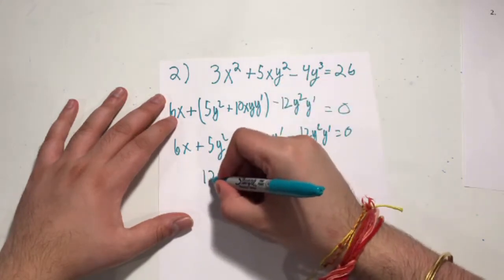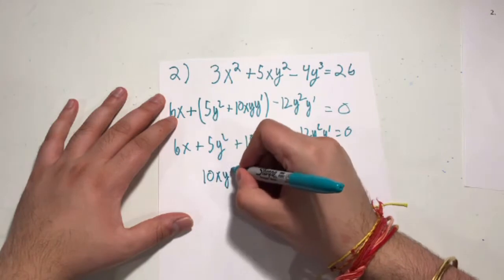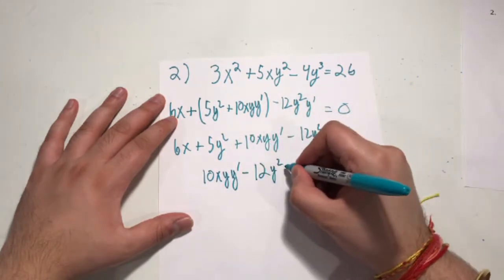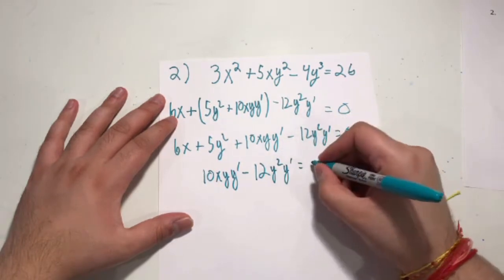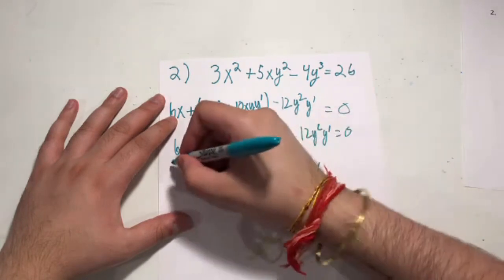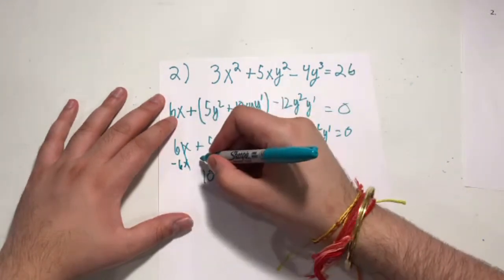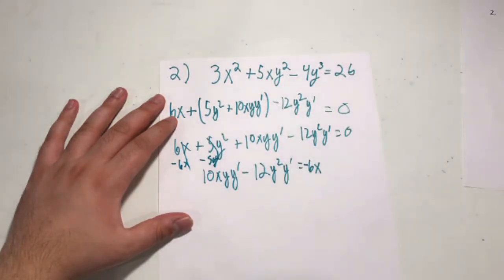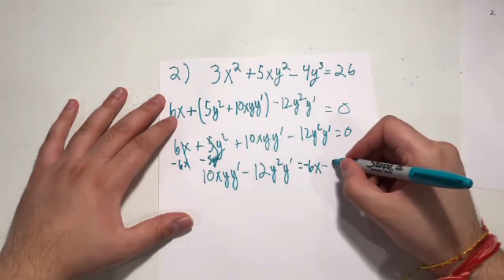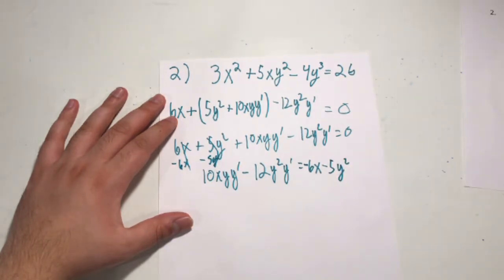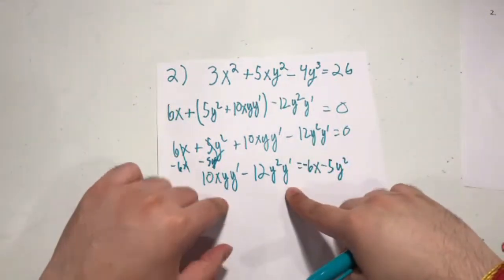So what I'll be left with is 10xyy prime minus 12y squared y prime, and that's equal to minus 6x, right, because I subtracted 6x, and I subtracted 5y squared, and I end up with a minus 5y squared here. Now, this step should be pretty familiar to you, very similar to the last one, GCF on all y primes.